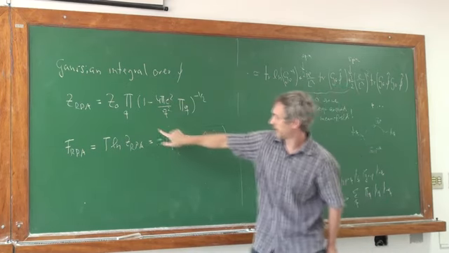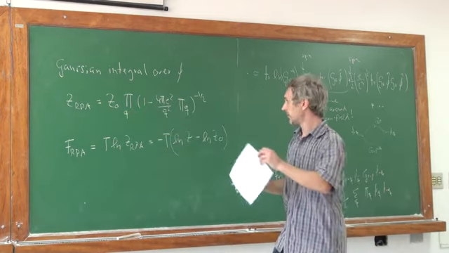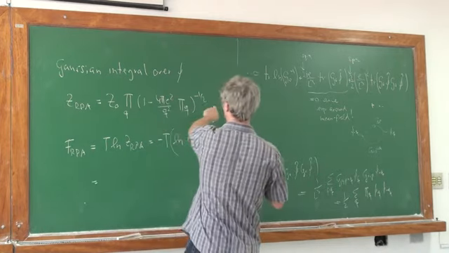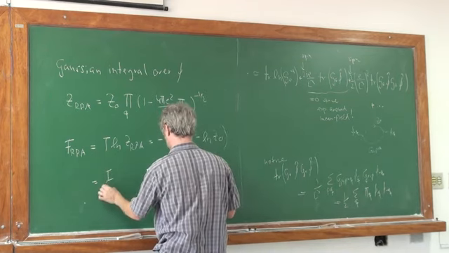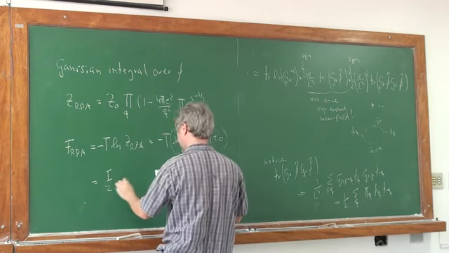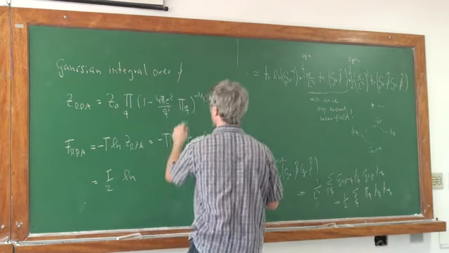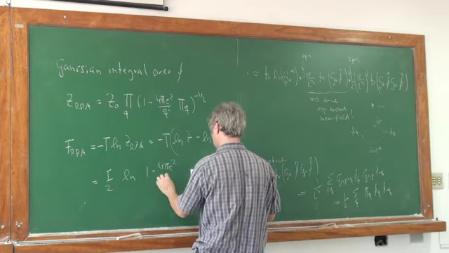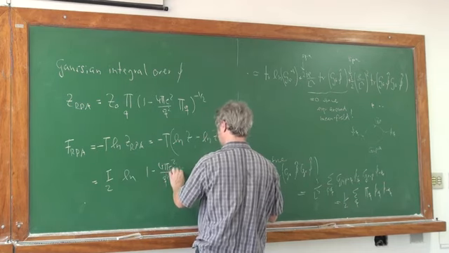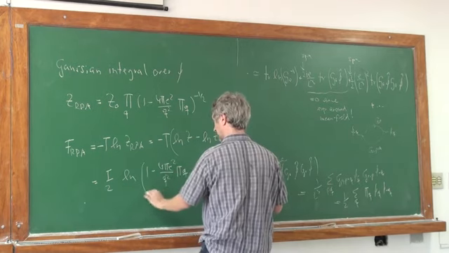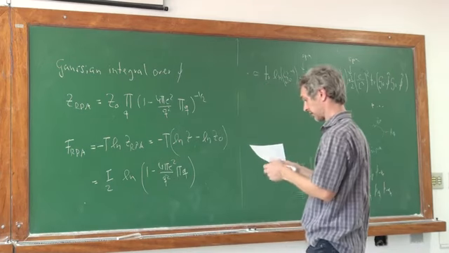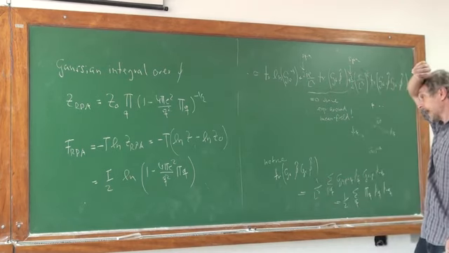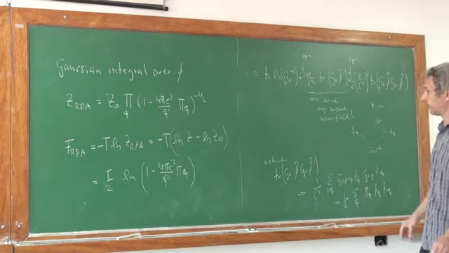So Z divided by Z0 just kills this factor, and then we have minus here, and we have T half log 1 minus 4π e squared over Q squared. Okay, so this is just the free energy as before.